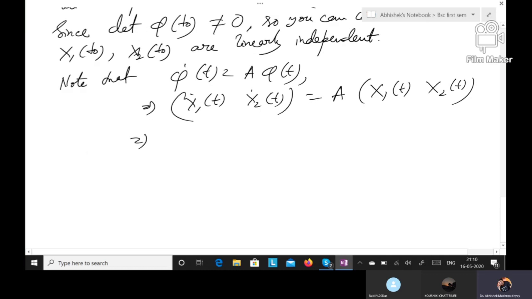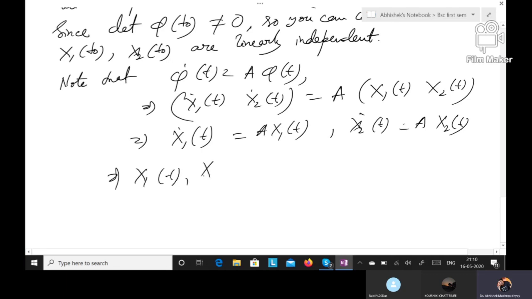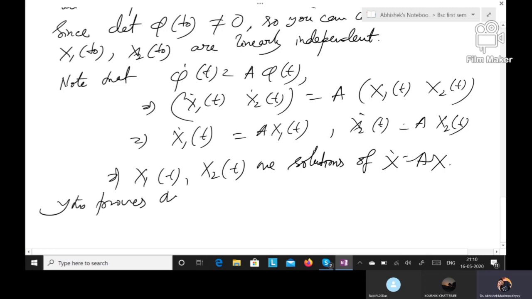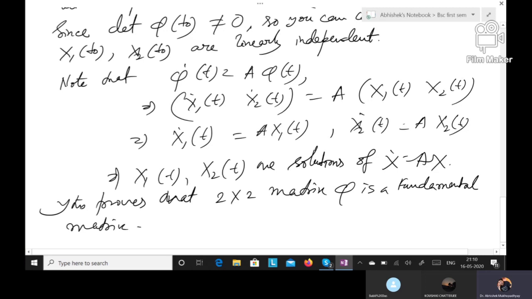So now we have x1 dot t equal to A x1 t and x2 dot t equal to A x2 t, and this implies x1 t, x2 t are solutions of the system x dot equal to Ax, and this proves that the 2 cross 2 matrix phi is a fundamental matrix at the point t0.